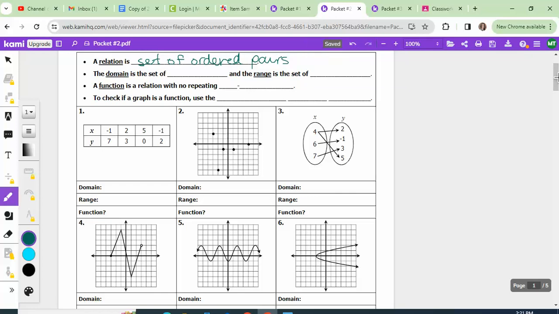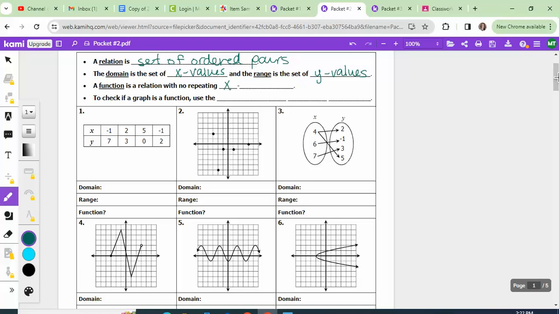The domain represents x or y. Domain is the x values, and the range is the y values. If it's a function, which of those can't repeat? The x.